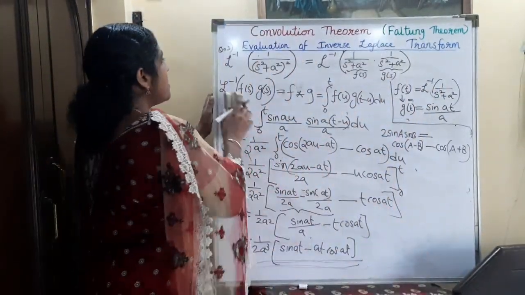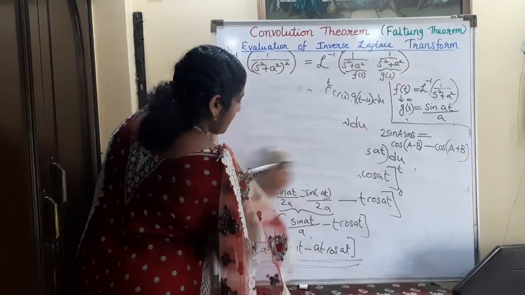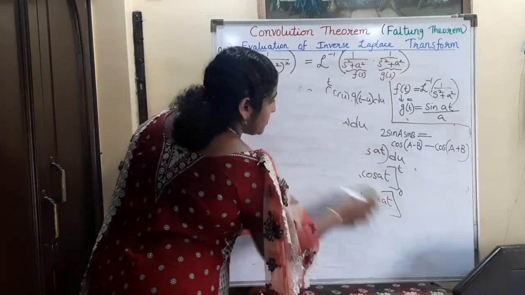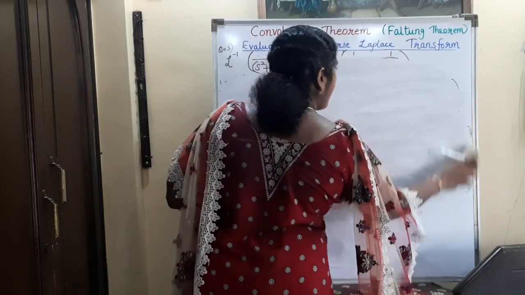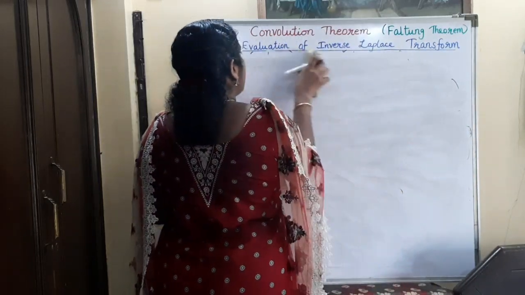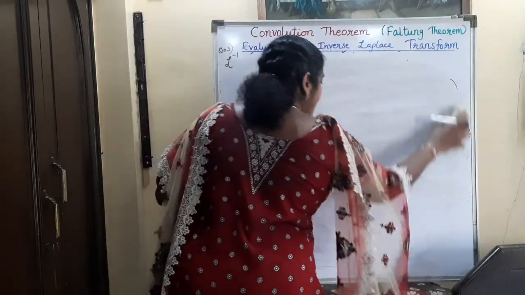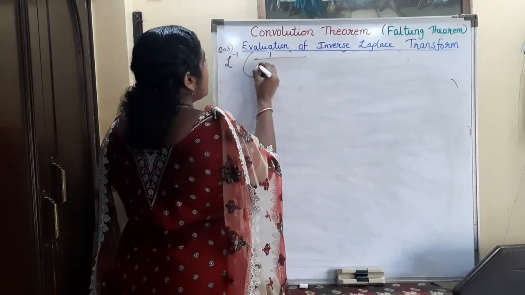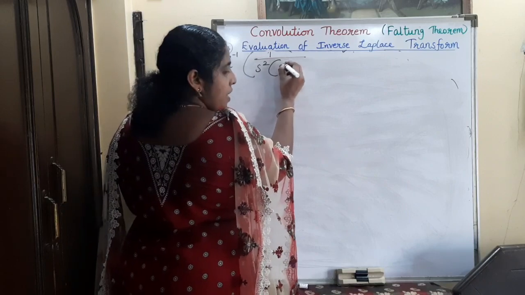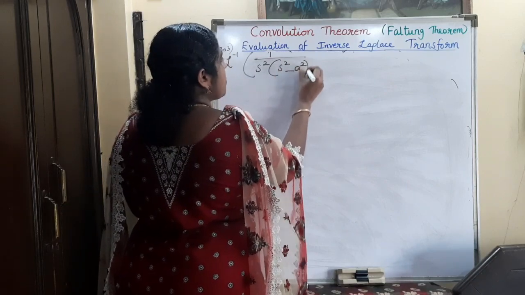Find the Laplace inverse of 1 by s square into s square minus a square.